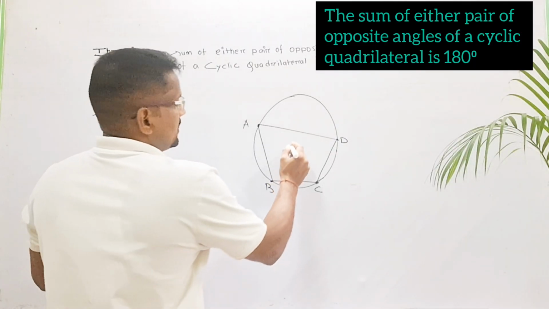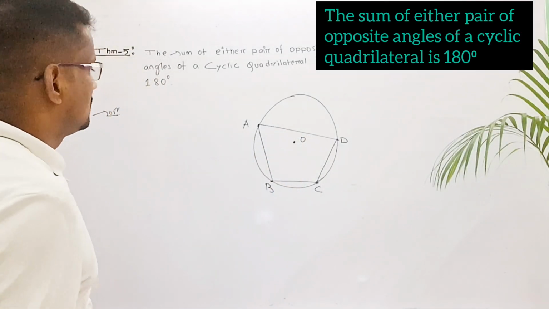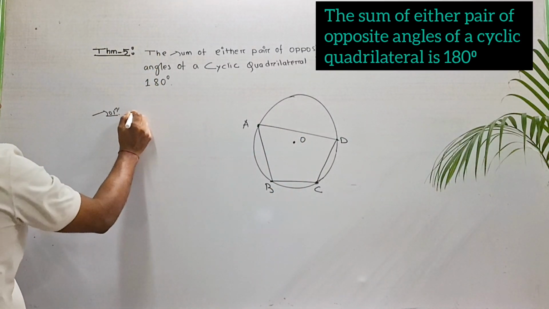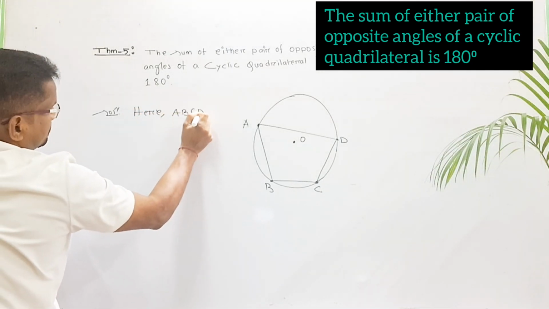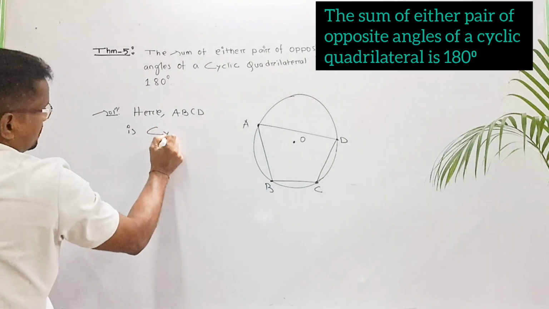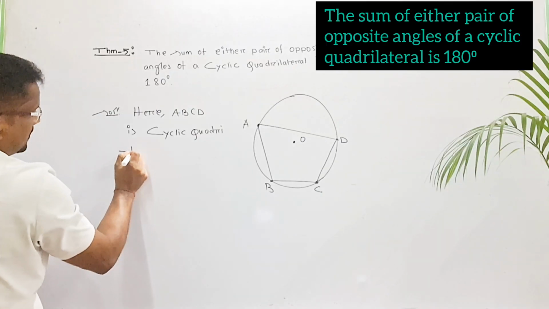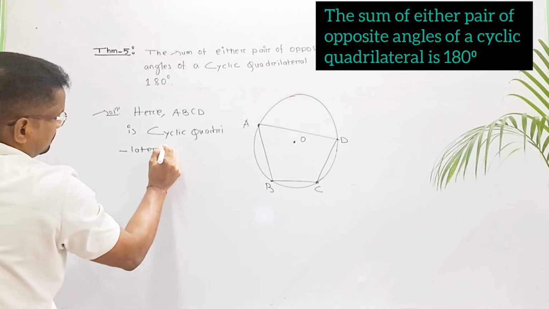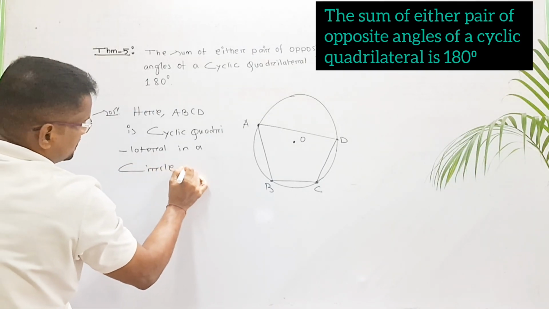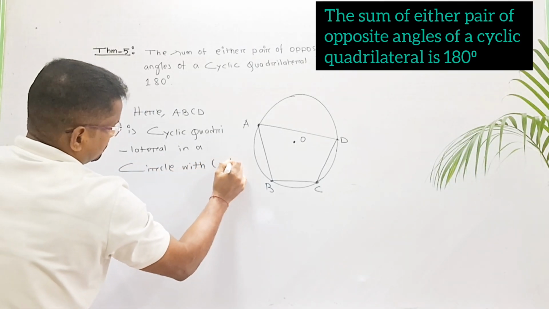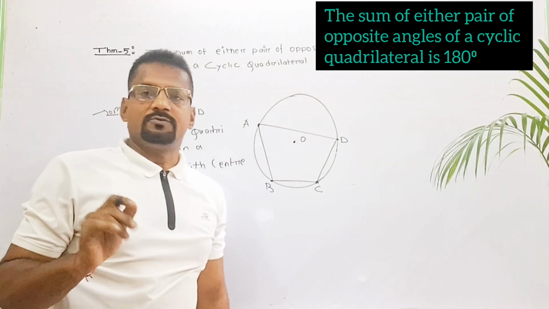Now, say here the center of the circle is O. So let me write here: ABCD is a cyclic quadrilateral in a circle with center O. So this much is given to you.